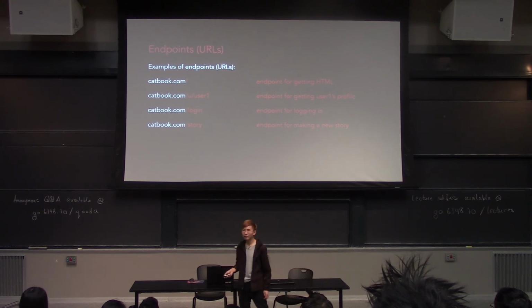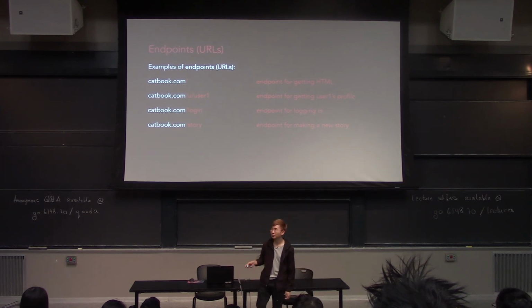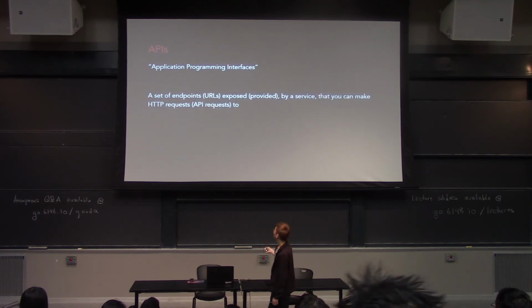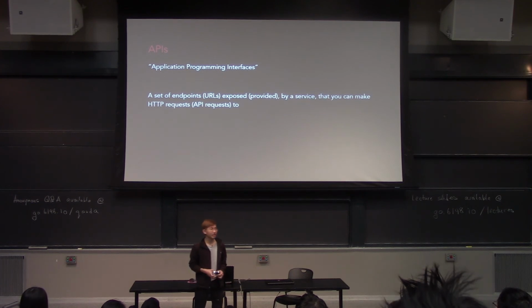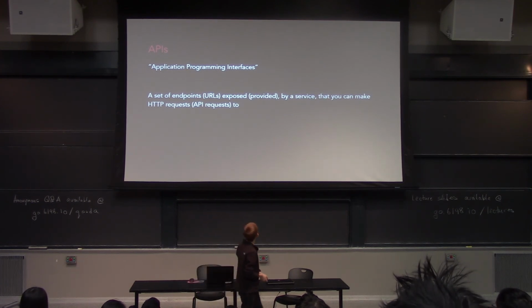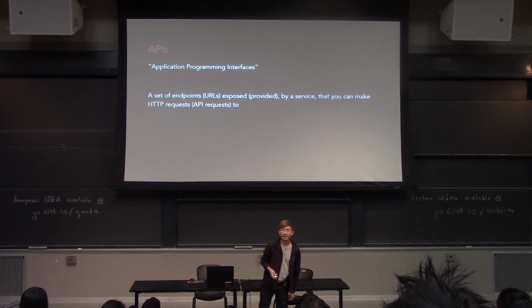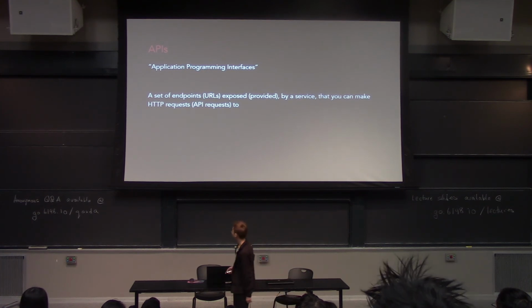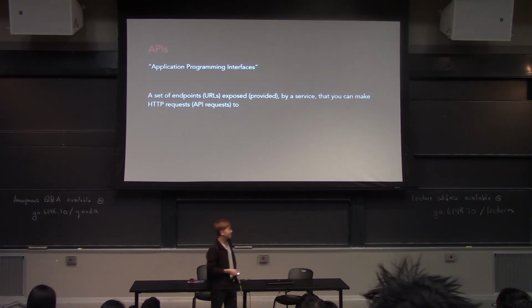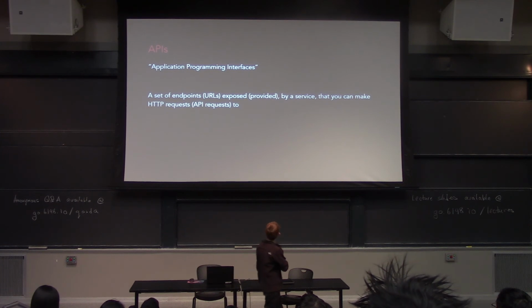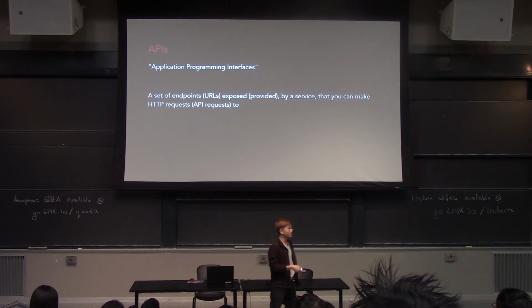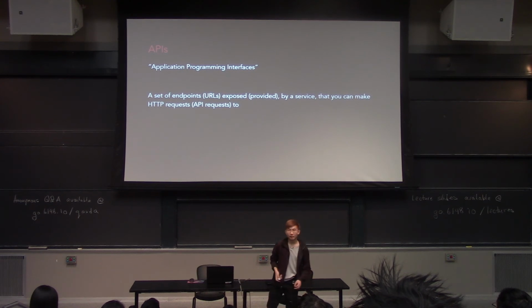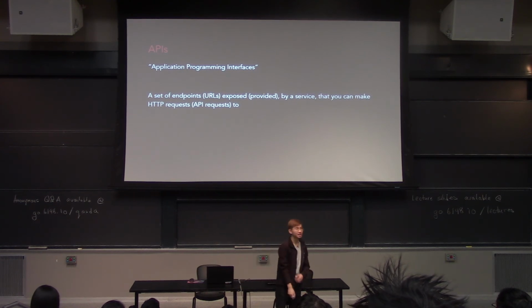A lot of endpoints are reserved for internal use, and so they'll basically be blocked off to the public. However, as users, we are lucky because a lot of services actually provide what we call APIs, which are application programming interfaces. This is basically just a fancy name for a set of endpoints, again, URLs, that are exposed or provided by a service that you can make HTTP requests to.